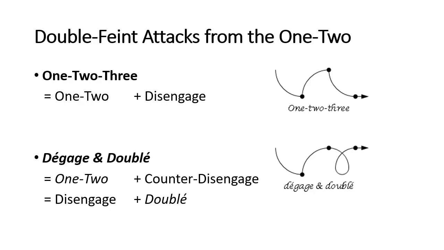The 1-2 can also be followed with a counter disengage, continuing in the same direction. And this 1-2 counter disengage can also be described as a disengage followed by a double, or dégage et double.